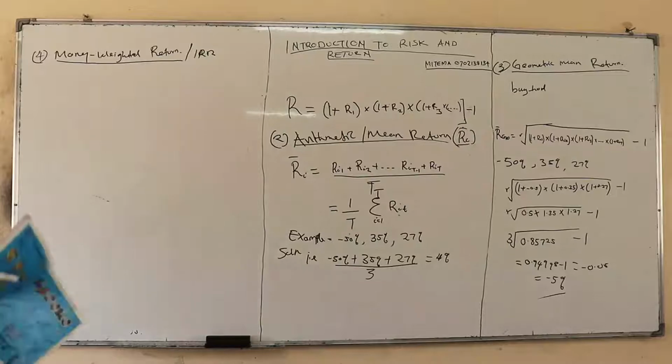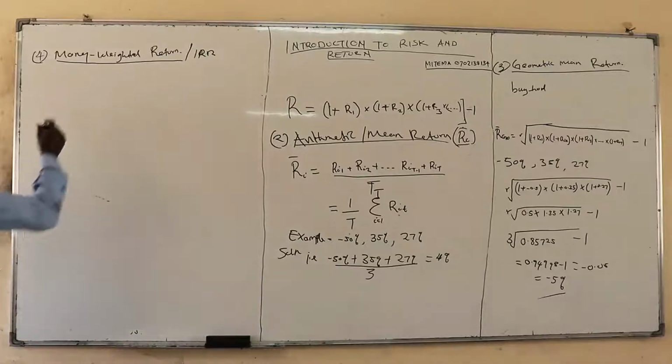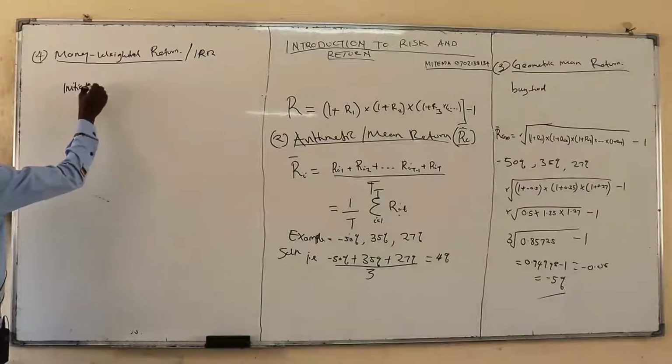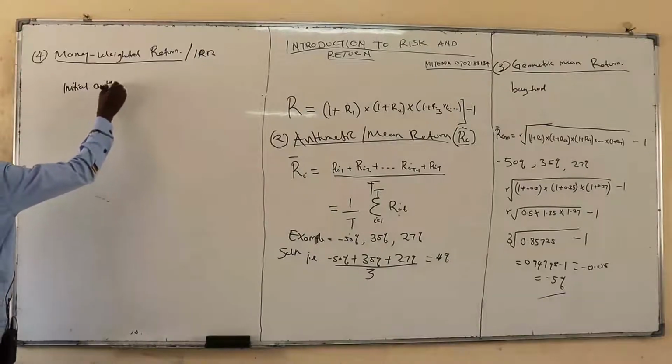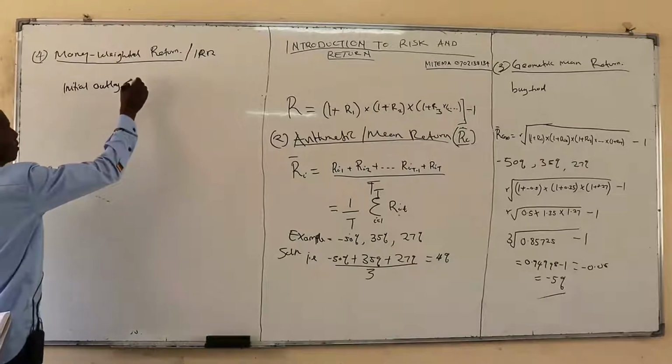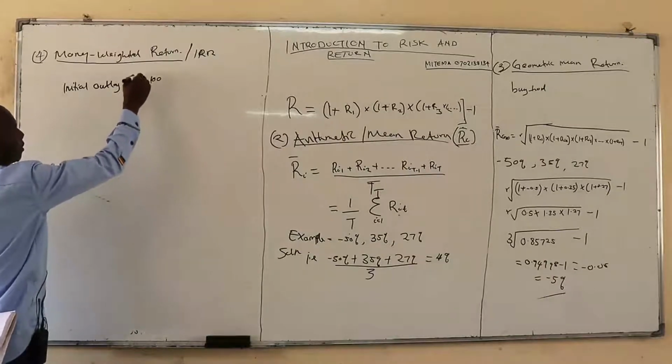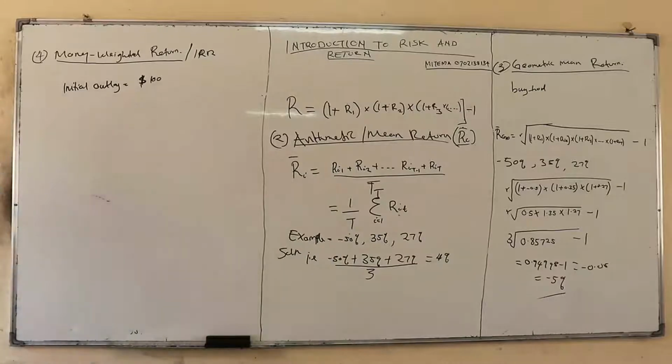So the initial outlay is $100 in a mutual fund.